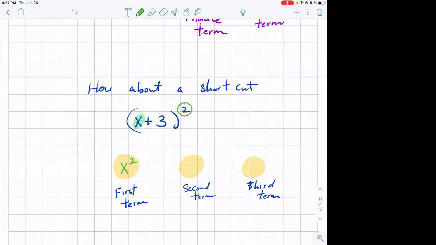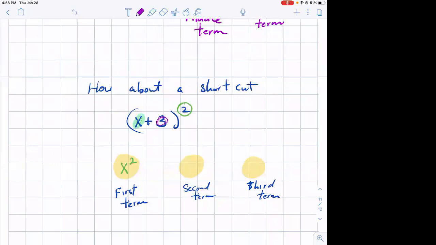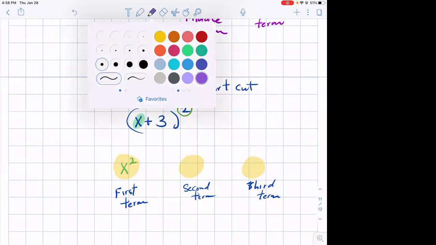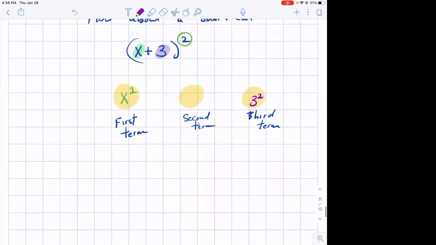To get the last term, we take the last term in the polynomial and we square it, and that becomes 3 squared, which we know is 9. So this becomes x squared, and this becomes plus 9.